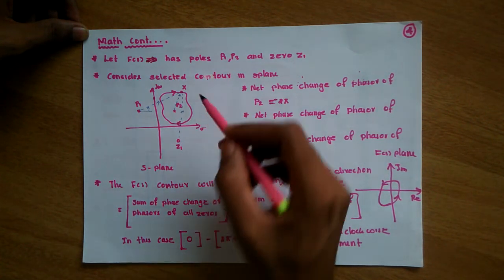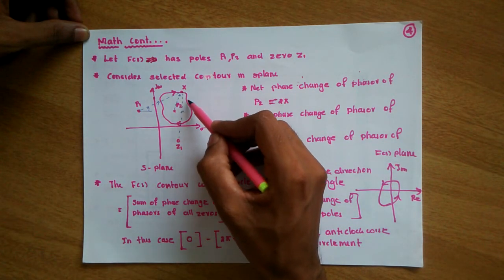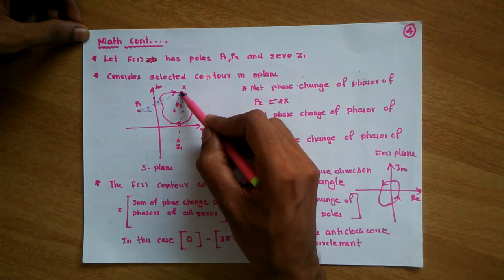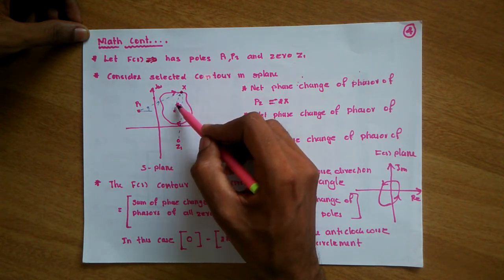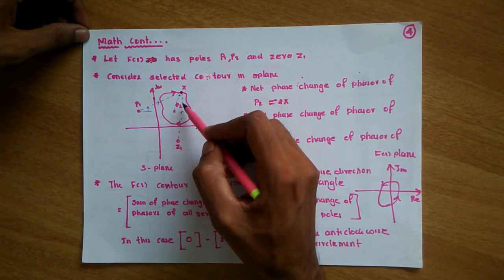And I can see that the phasor of p2 will move around this closed path. When I reach back at the same point, it should have rotated through 360 degrees or 2 pi radian.